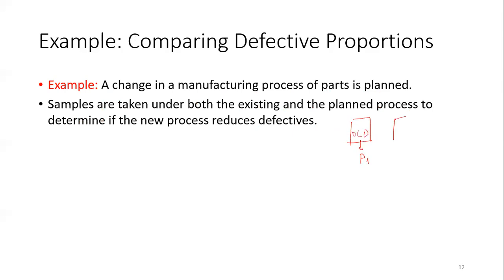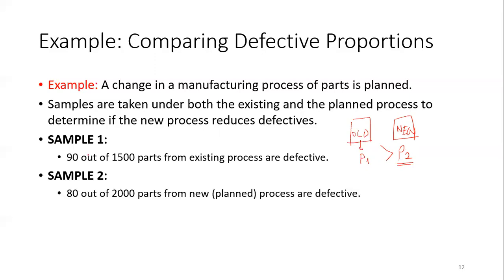There is a new process you want to switch to, which produces defectives with a proportion P2, and you conjecture that P2 is smaller than P1. So the new procedure has a smaller rate of defectives.